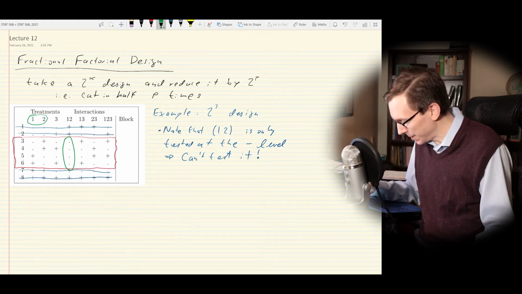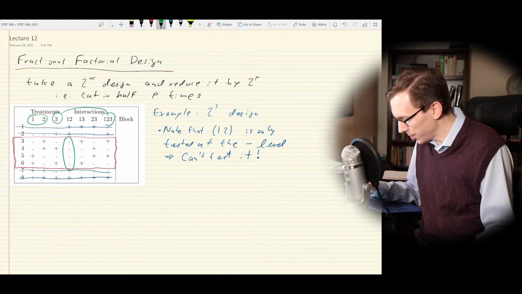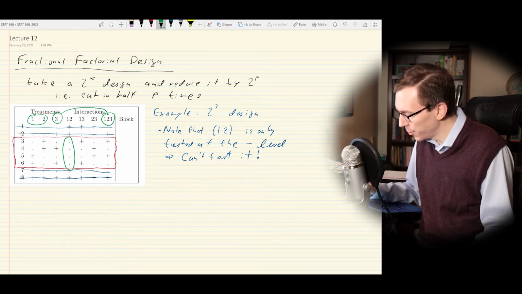Similarly, the same thing happens with 3 and 1, 2, 3, and 1, 3, and I can just draw a circle around these, 1, 3 and 2, 3.